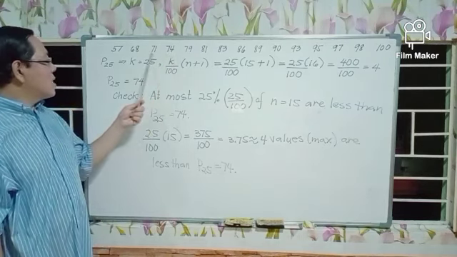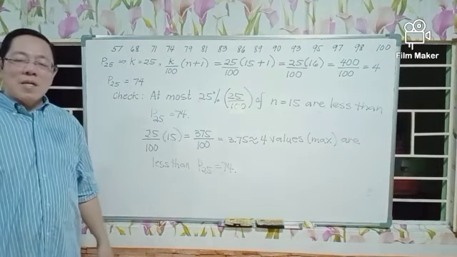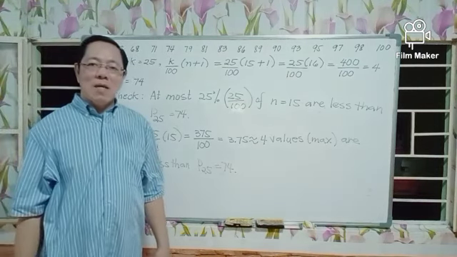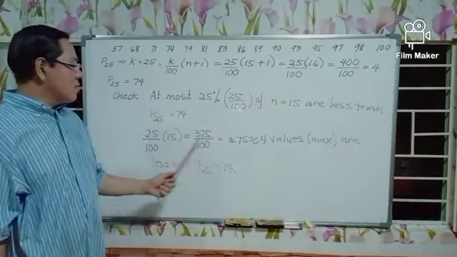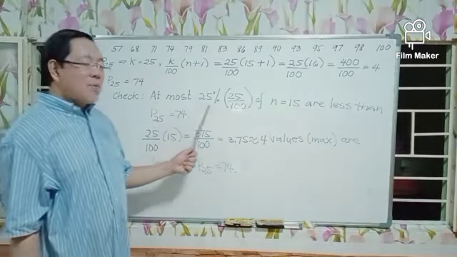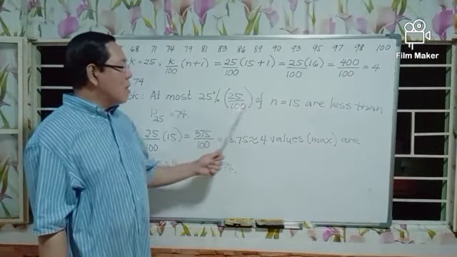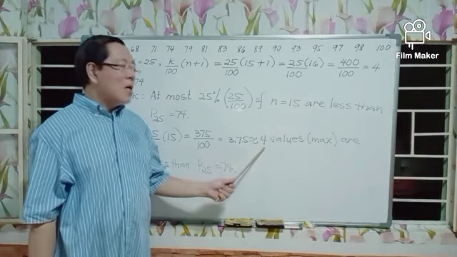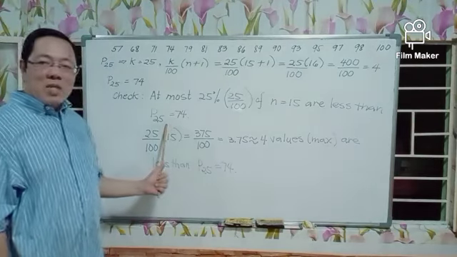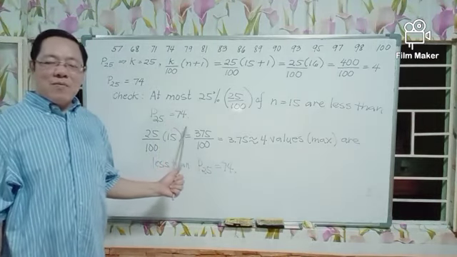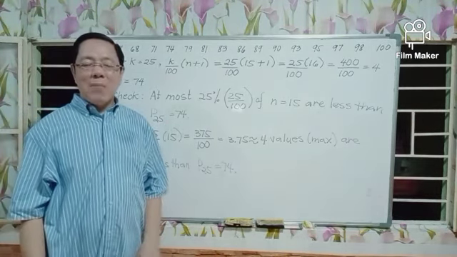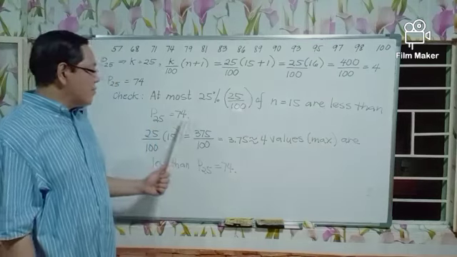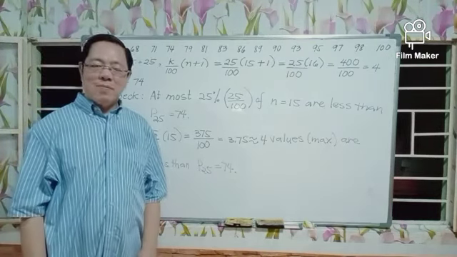And we have 1, 2, 3. 3 values are less than 74, and this condition is satisfied. At most 25% of 15, that is at most 4 values, are less than the 25th percentile of 74. And we have actually counted the number of values that are less than 74, and we get 3.